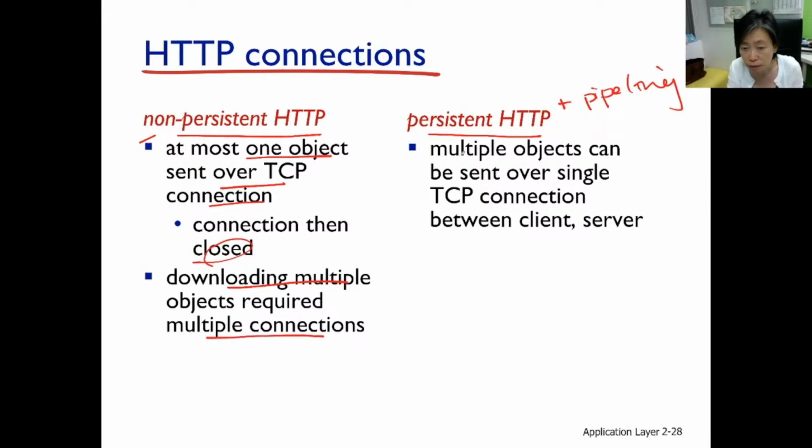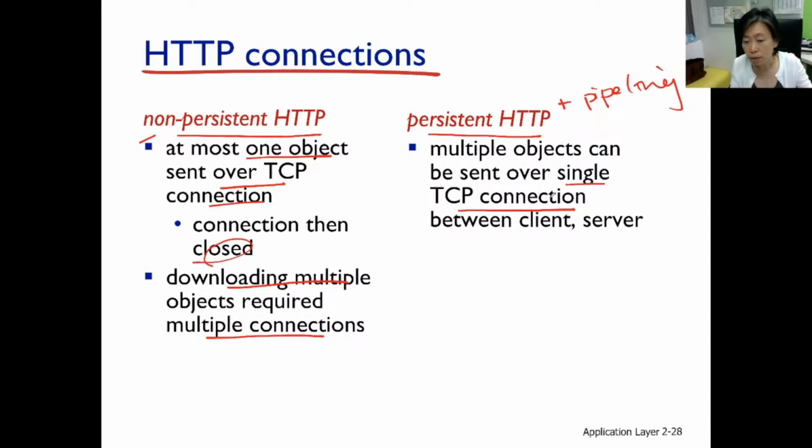Now, in persistent HTTP, the main idea is, why do we keep opening TCP connections and closing them? Why don't we just reuse the TCP connection we have started in the first place? So in persistent HTTP, client and server establish the TCP connection, and then first web object request and response exchange, second web object request and response exchange, and so on and so forth.